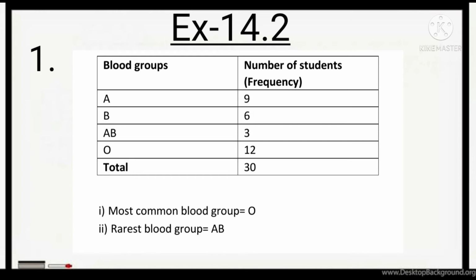In the second column you write the number of students, and it should total 30. Next you have to find the most common blood group among the 4 blood groups. You can see blood group O is the most common, and the rarest blood group is AB, which is 3. That means 3 students have AB blood.